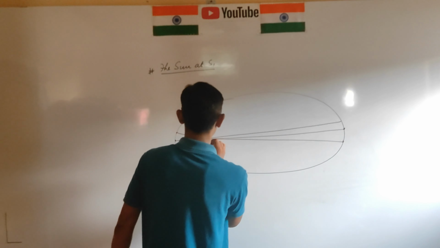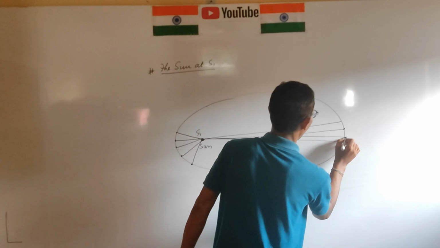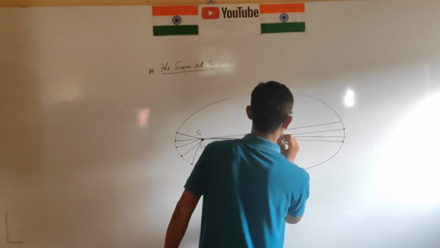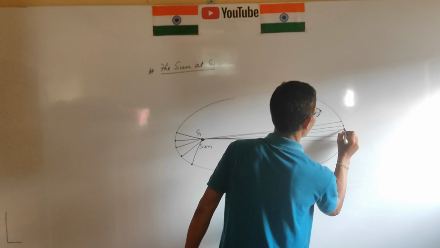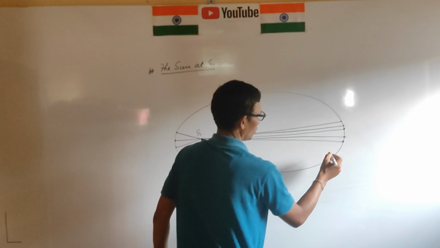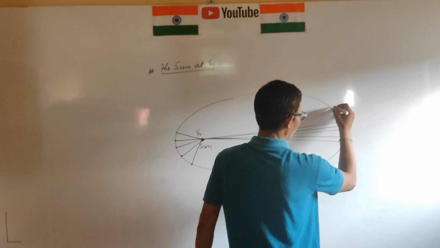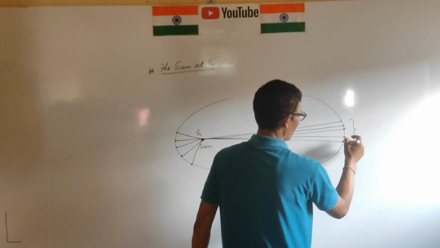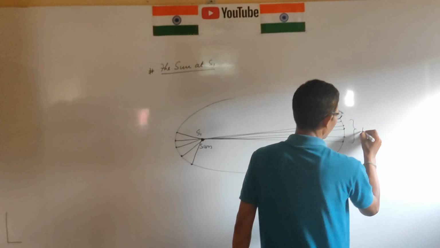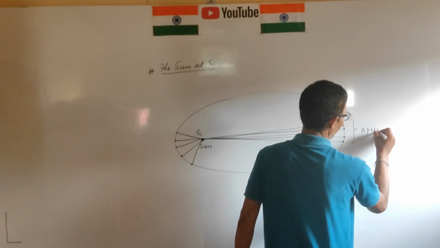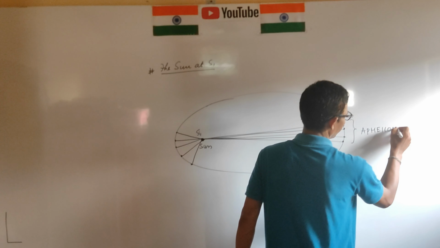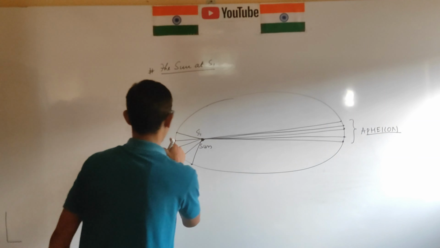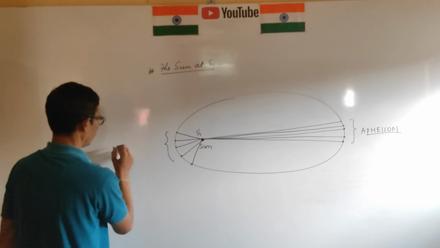This is the region called the aphelion, and this is called the perihelion.